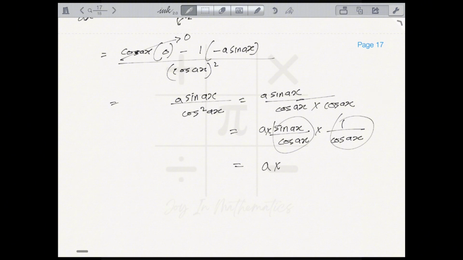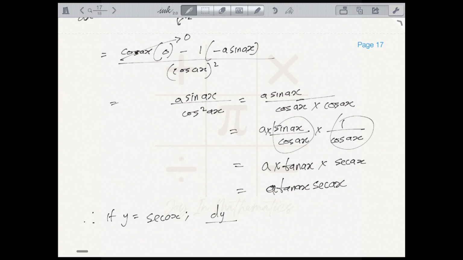So we have a multiplied by tan ax multiplied by sec ax. So this will give us a tan ax sec ax. Therefore, if y is equal to sec ax, our dy dx is equal to a tan ax sec ax.